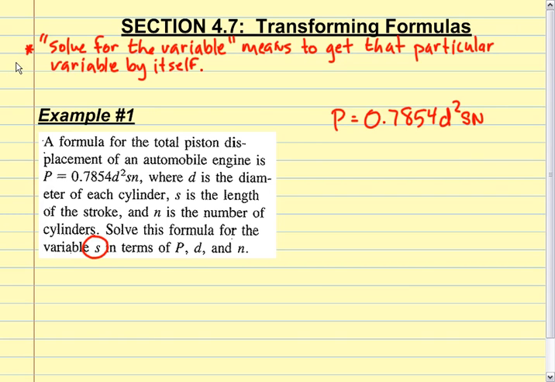But what's happening between all of those things and S? Multiplying. How do I get rid of it? Okay, I'm going to divide both sides, right? But what am I trying to get rid of? Everything but the S. So I'm going to divide by 0.7854 D squared N on both sides.